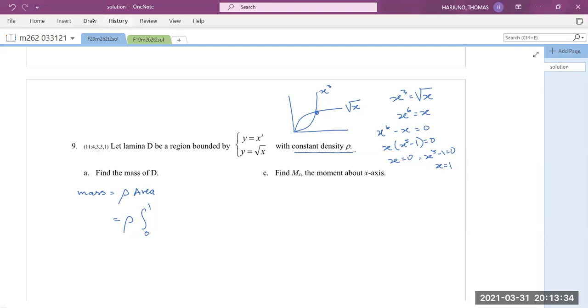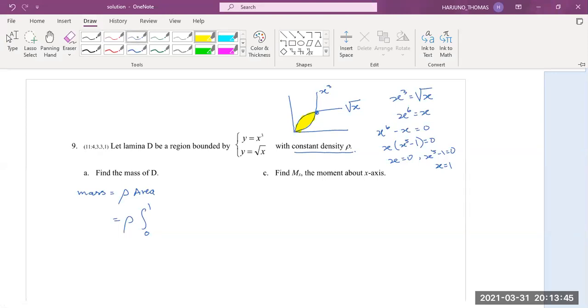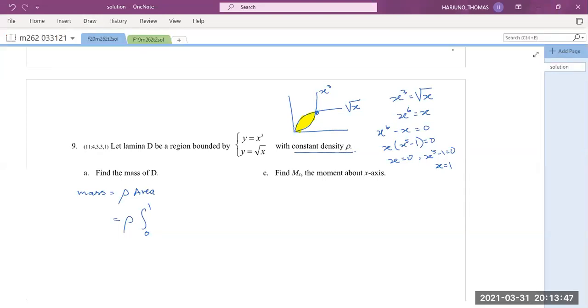We can see that actually there, right? There should be two intersections. Now then, the area. Will there be a situation where there isn't constant density? Yes, you will see that in calculus 3.